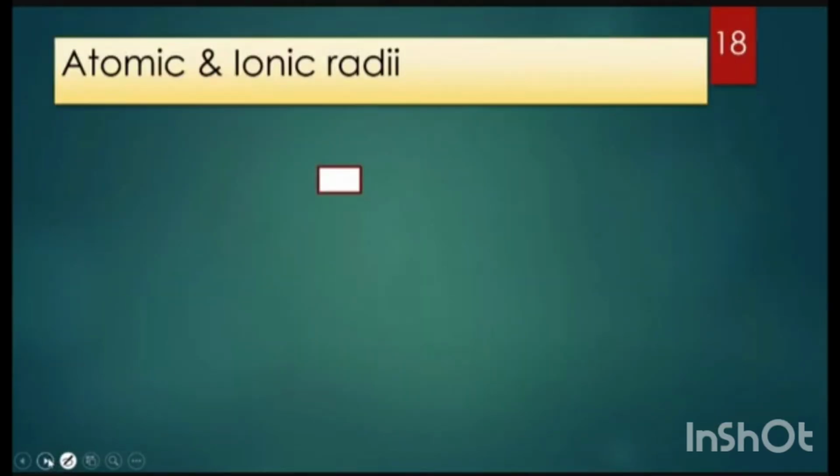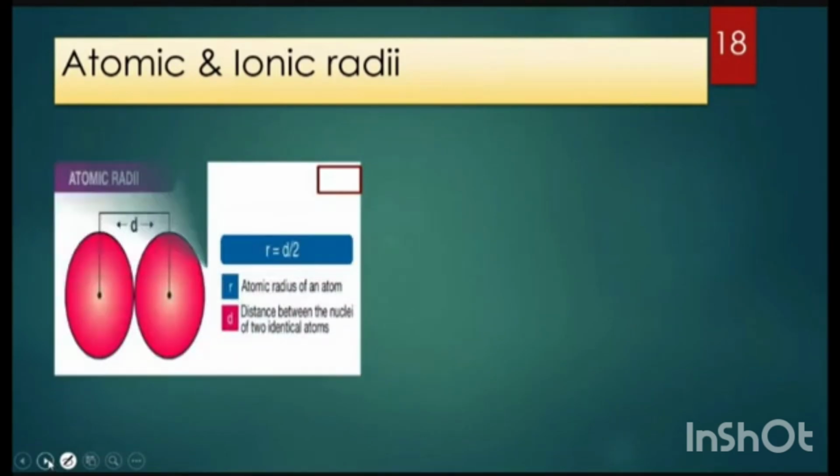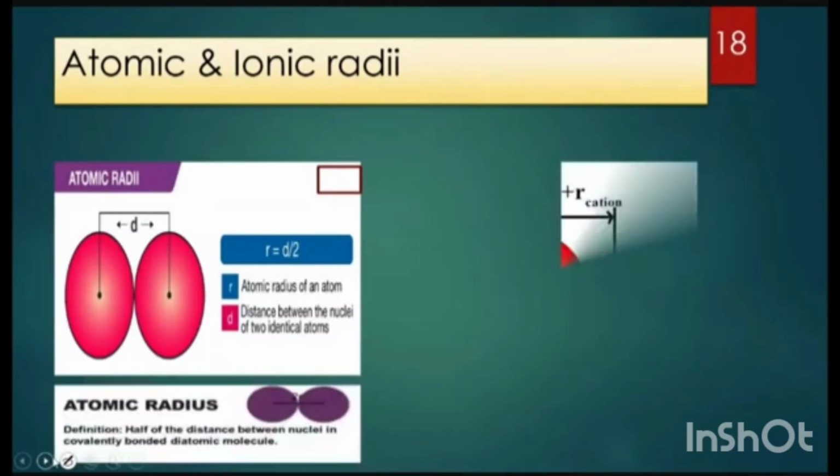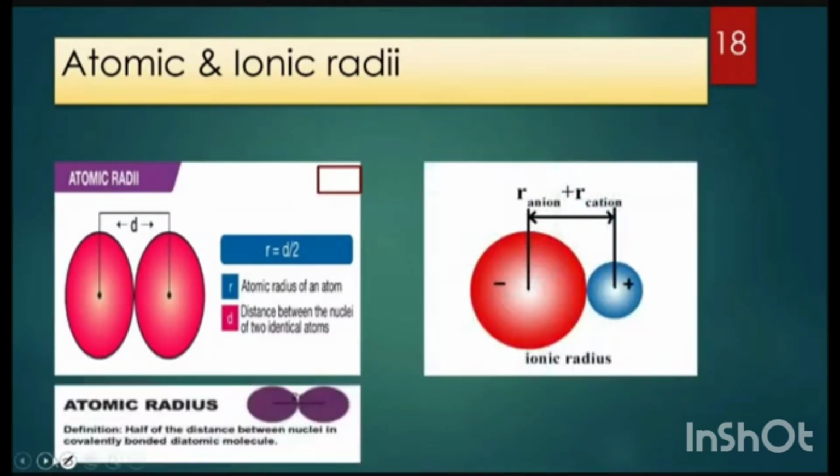Atomic and ionic radii, about which you have already studied in first year. I'm just putting some pictures to refresh your memory. Here is the atomic radius and its definition, and also the ionic radius. Have a look at these pictures.